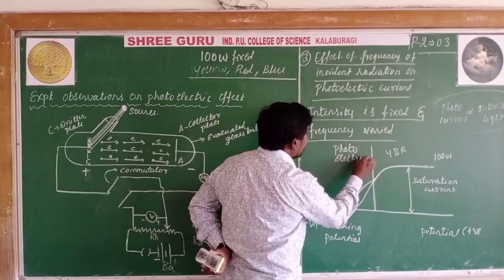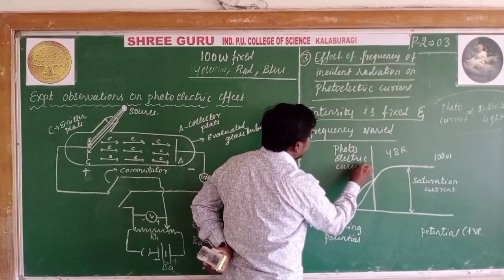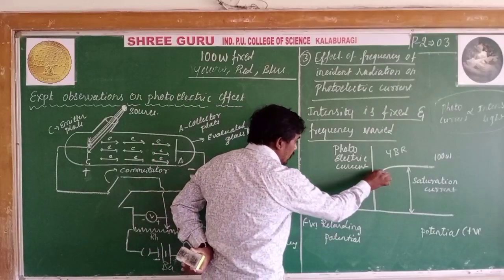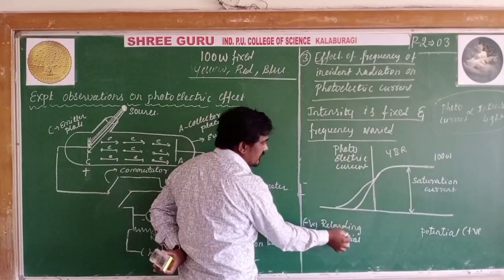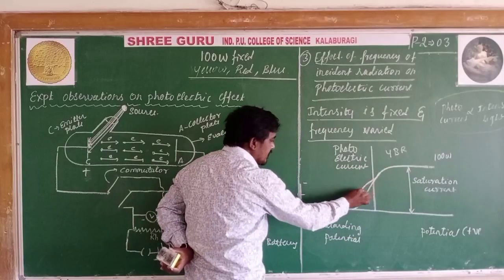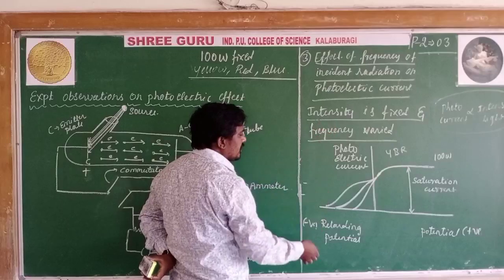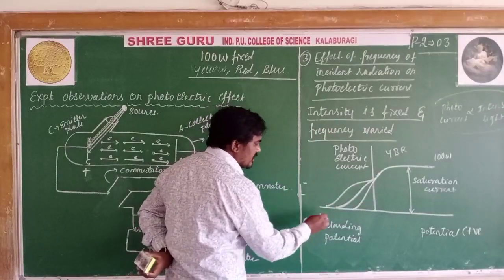We are seeing the photoelectric current in different graphs. If for yellow color the retardation is this one, for blue color the retardation is different, and for orange or other colors the retardation is different.